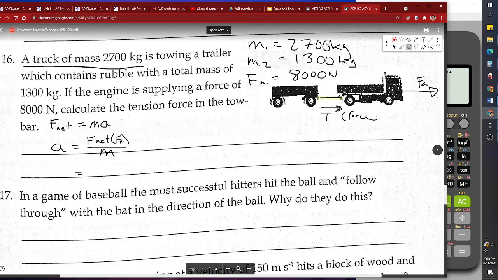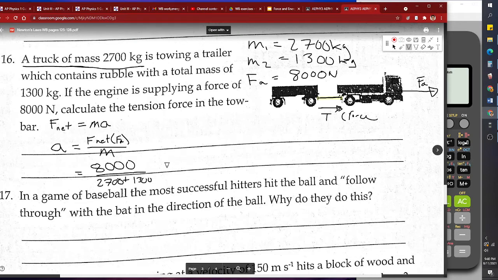If we plug in what we know, which is 8,000 divided by the mass of the two, because the engine is pulling both the truck and the trailer, that is 2,700 for the truck and 1,300 for the trailer.